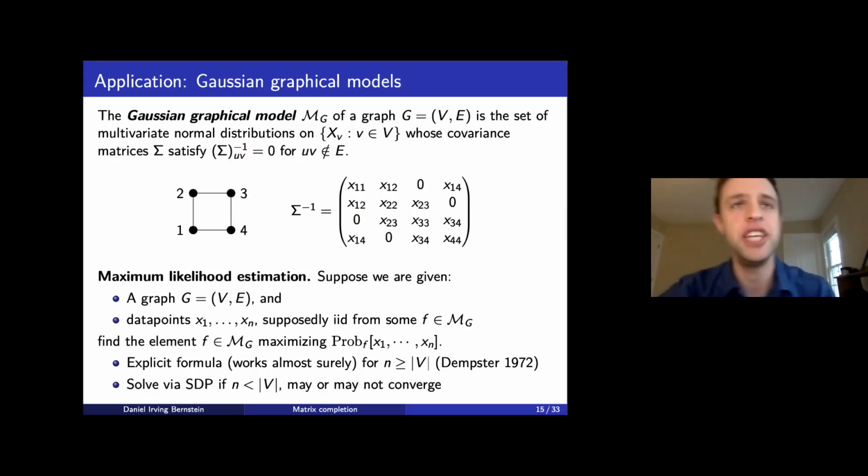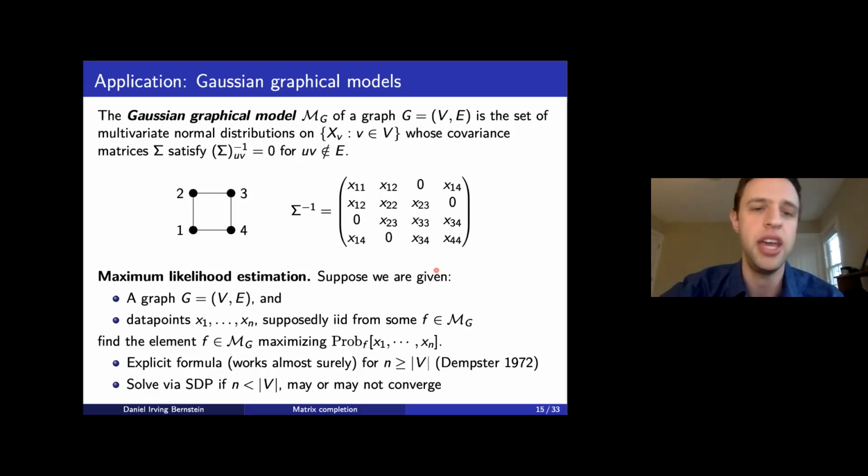If G is this graph, then the corresponding Gaussian graphical model is the set of all multivariate normal distributions on 4 random variables whose inverse covariance matrix has this sparsity pattern. It has zeros corresponding to the 2 non-edges of this graph, namely, the 1, 3 entry and the 2, 4 entry.